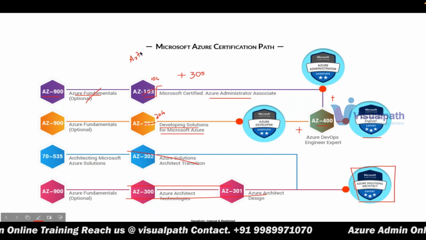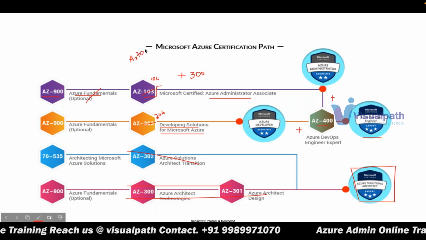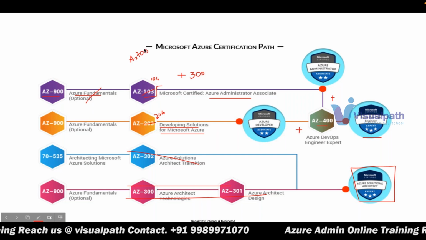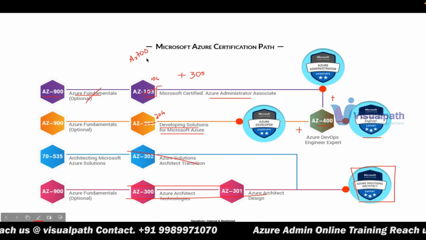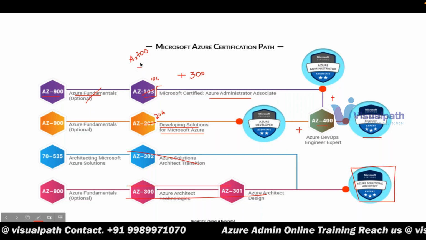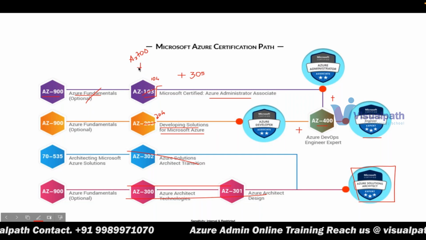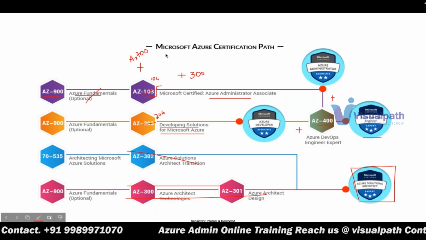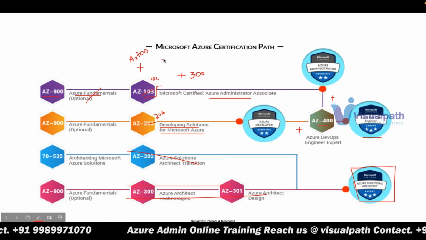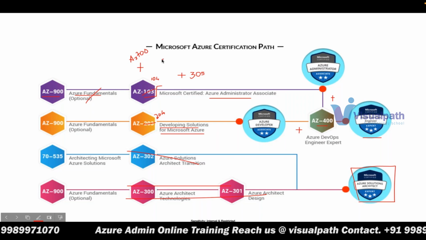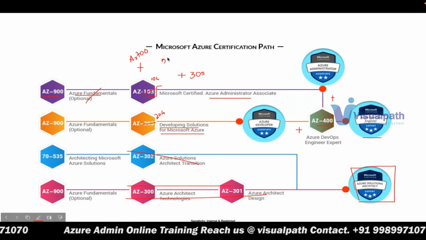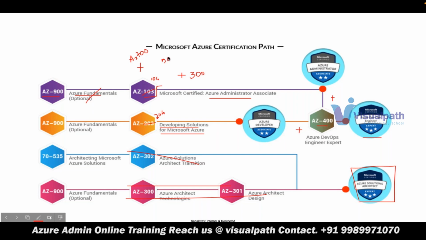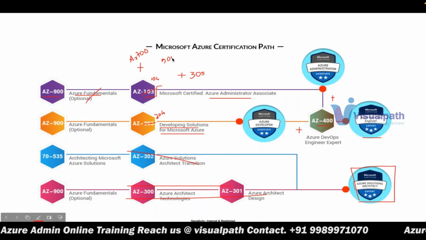But if you are looking to understand administration and then core networking, then you can go for 104 plus 700. If you're looking for Azure security, AZ500 is the course. You can directly take 500, or even after completing 104, you can learn 500 as well.